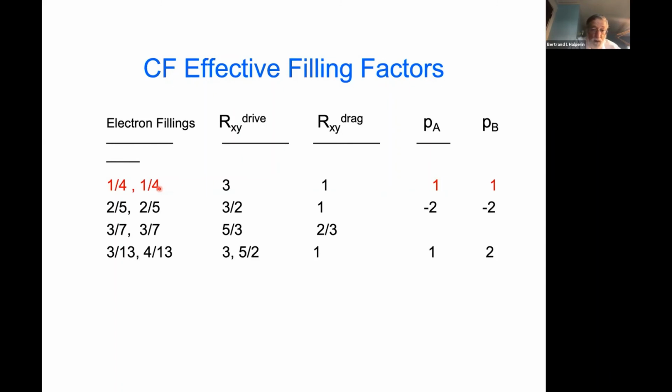That's how you get this 1/4 1/4 state. If I want to get two independent layers, I fix zero flux quanta between the two layers. And at very small d over L, I'm going to look at states where I fix the same number of flux quanta at each layer.